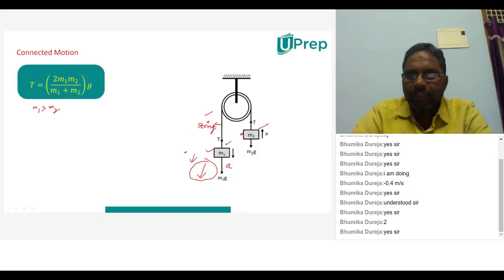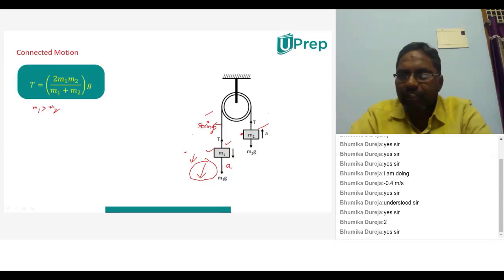Let us say the acceleration of the first object is A. Then definitely the second object will also move with the same acceleration, but in the upward direction. But now my aim is to find out this acceleration value, and how I can find this acceleration value, that I am going to say now.